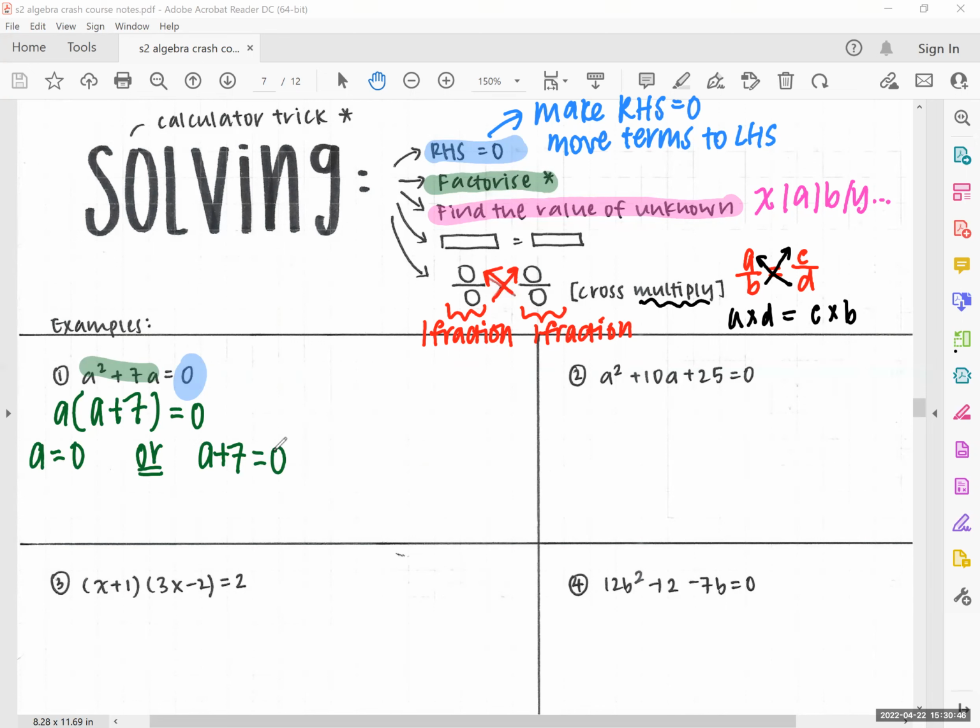Why can't we stop? Because it's only a plus 7, right? What do we need ultimately at the end of the day? A. So how do we get A at the end of the day?